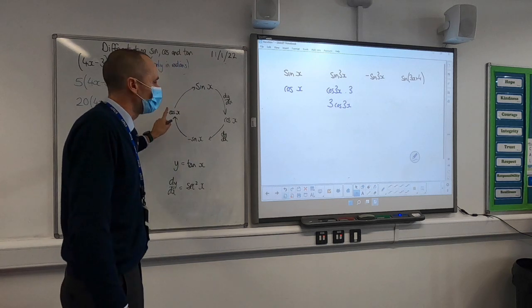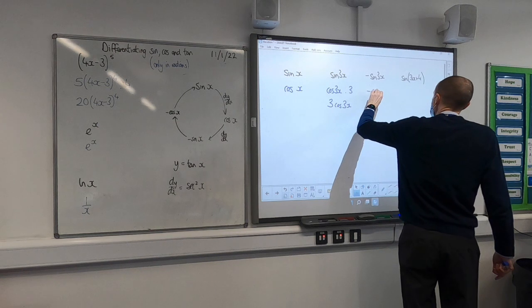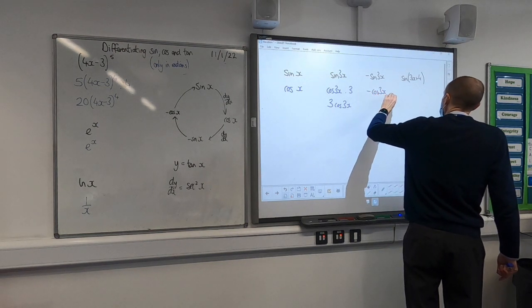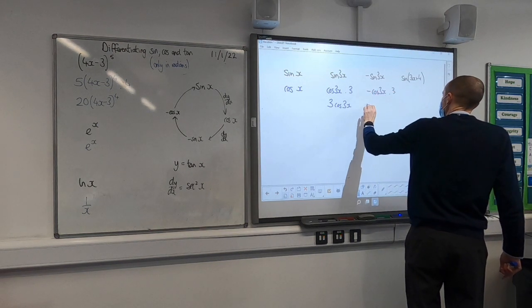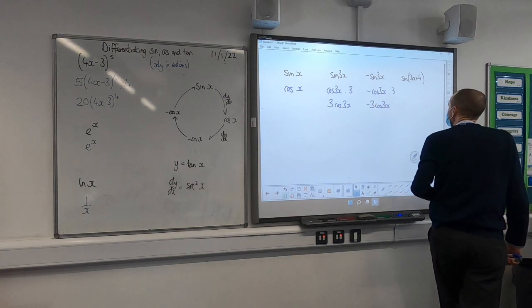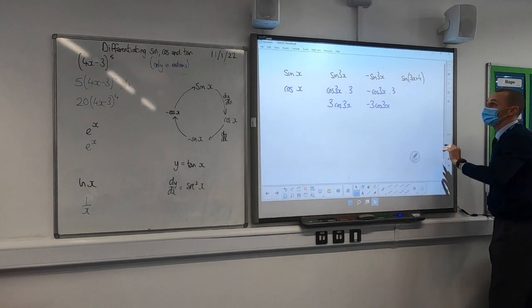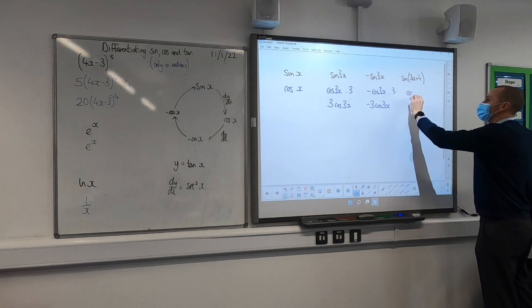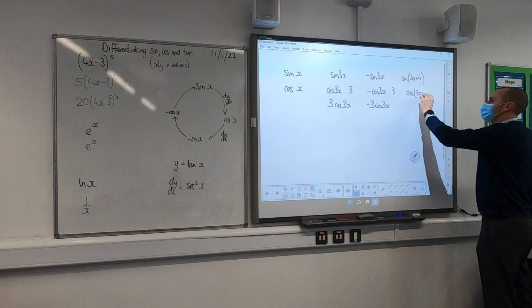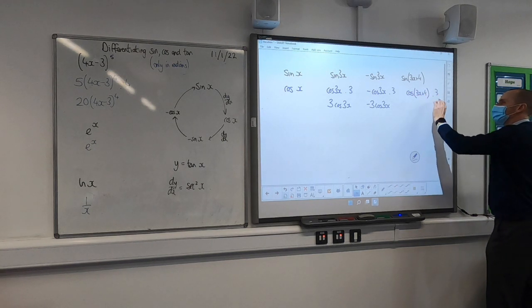Minus sine becomes minus cos, so minus sine 3x becomes minus cos 3x, multiplied by what you get when you differentiate that. And sine becomes cos, so the sine of 3x plus 4 becomes the cos of 3x plus 4, multiplied by what you get when you differentiate that, which is 3.